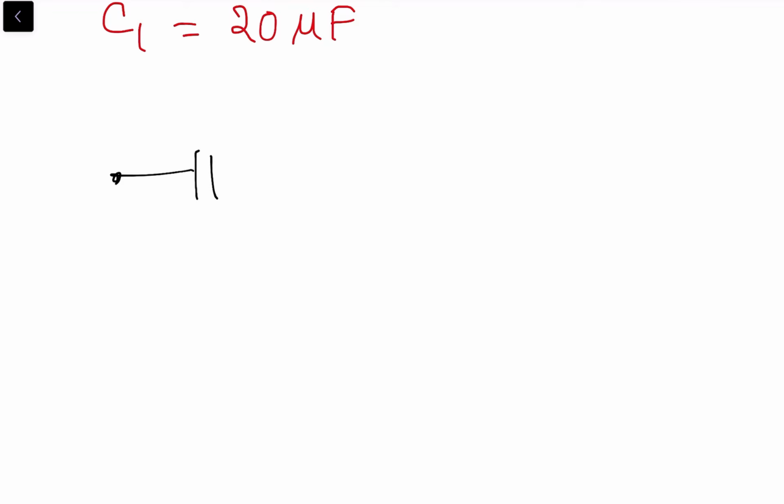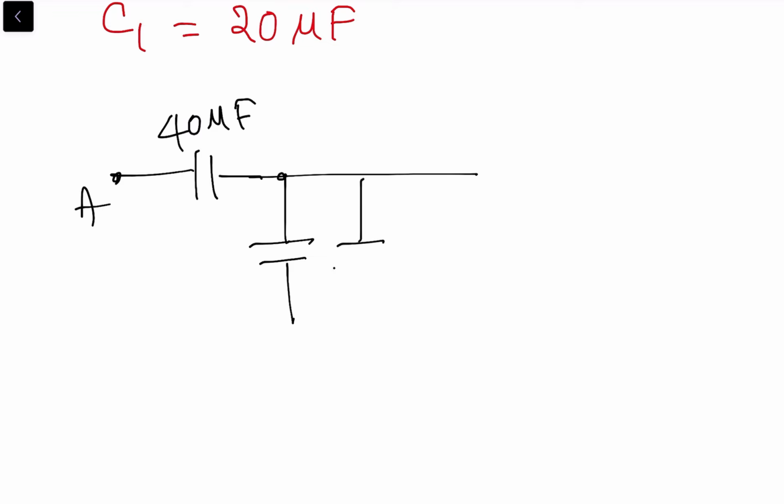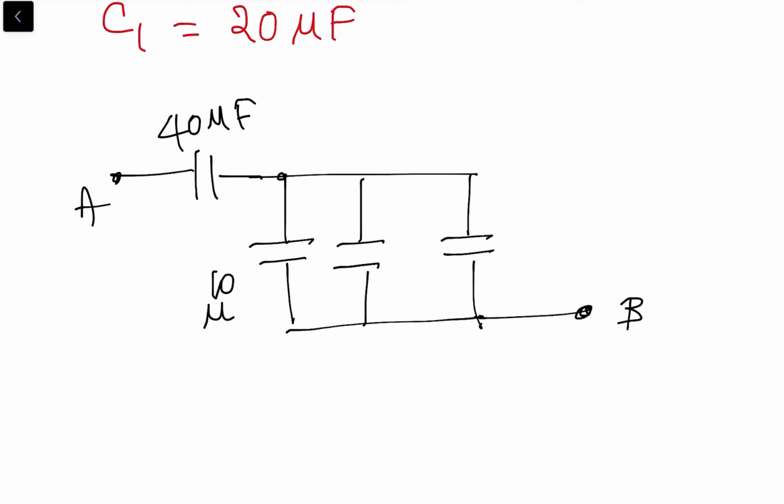This is A, the point A. Here we have 40 microfarads, and then it comes like this. From here 10, again 10, and these three together they made a resultant of 20. So this is the point B.